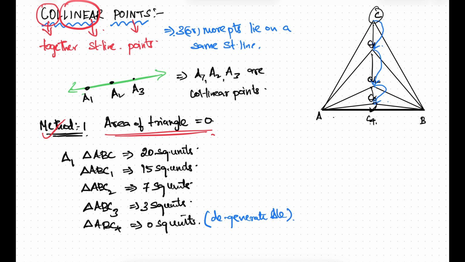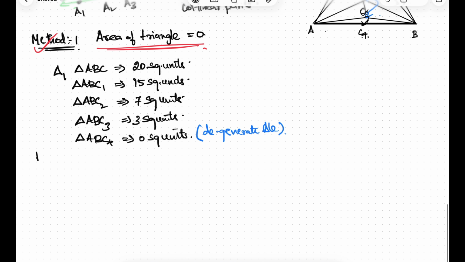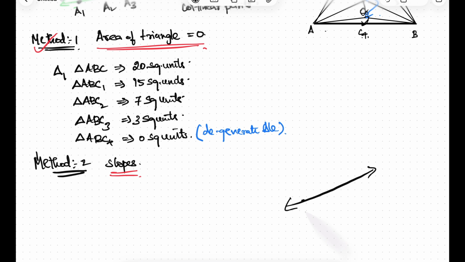And method 2 is slopes. Using slopes, one can prove that the 3 points are collinear. Let me just draw a straight line with 3 points A, B and then C. Now let me focus on the slope of AB, meaning we are going to find this particular line's slope.